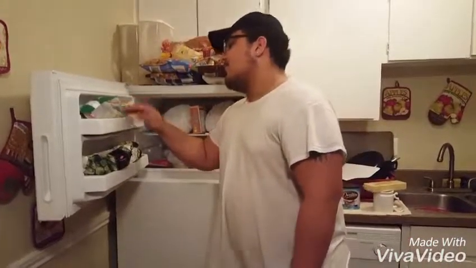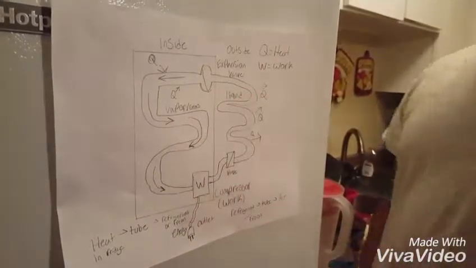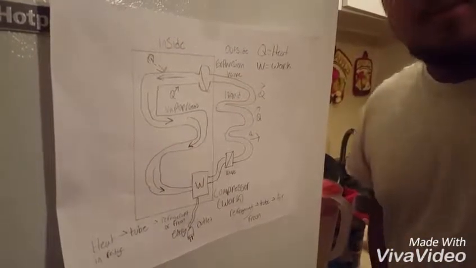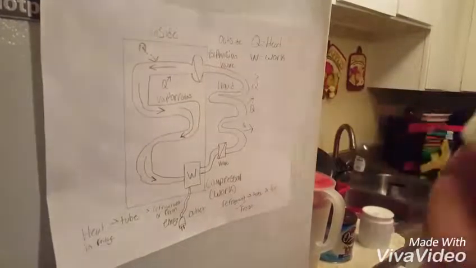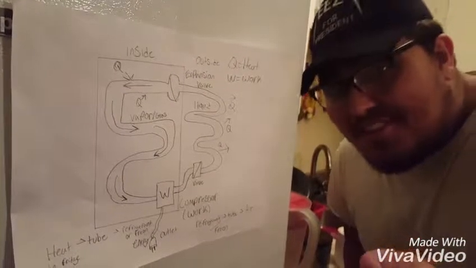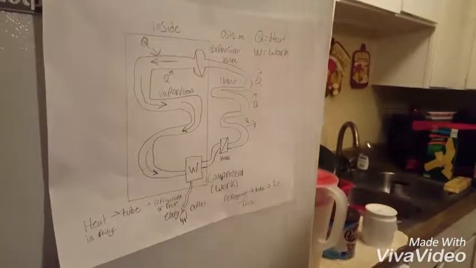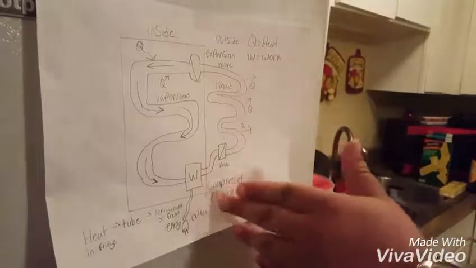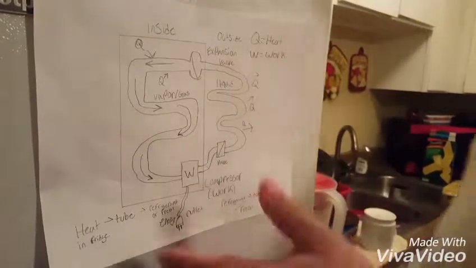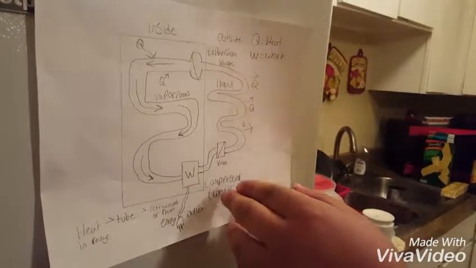Bet you ain't know. So this is the simplest illustration of a refrigerator, which is also the same as the AC. We'll start at W, which is work in the compressor.